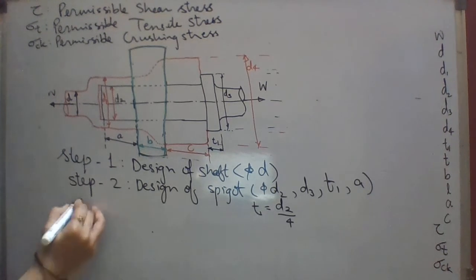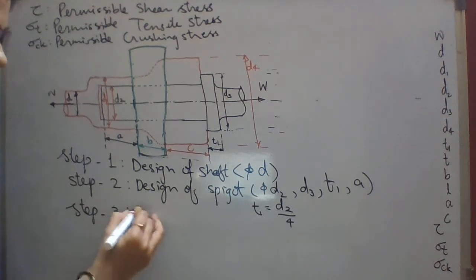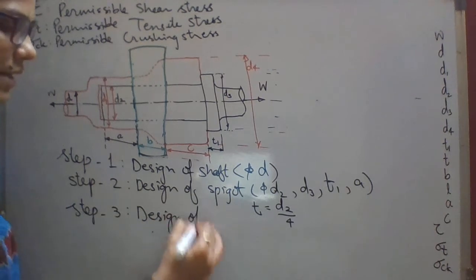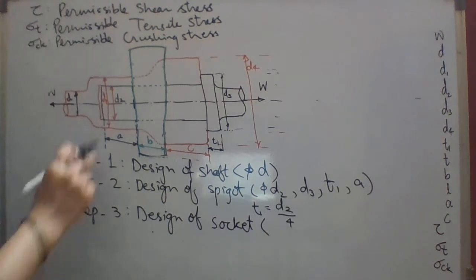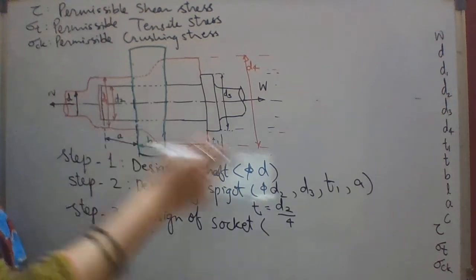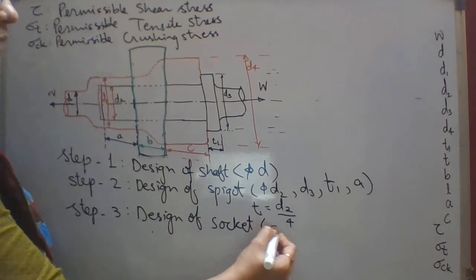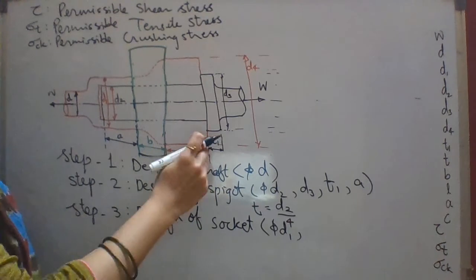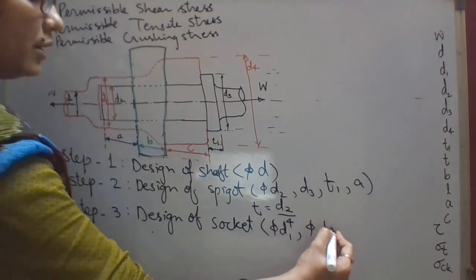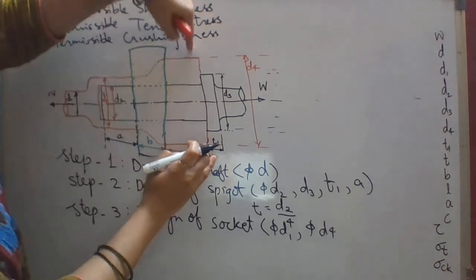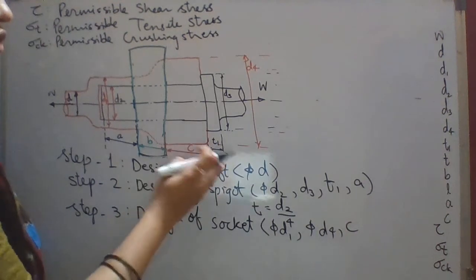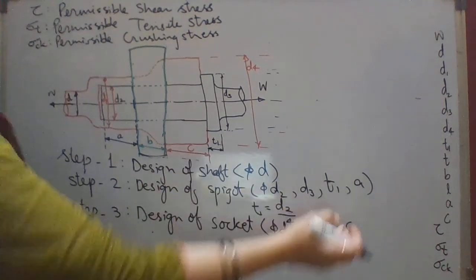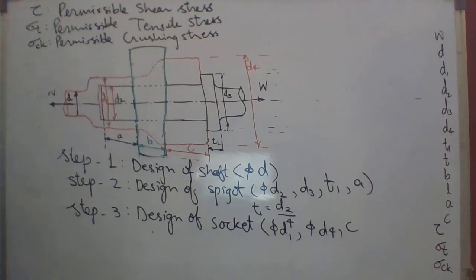Now step number 3 is design of socket. In design of socket, the inner diameter we have already designed in the previous step. So the outer diameter of the socket collar, D4. Then after the slot, how much is the length of the socket collar, that is C. Now have we included everything from the socket?